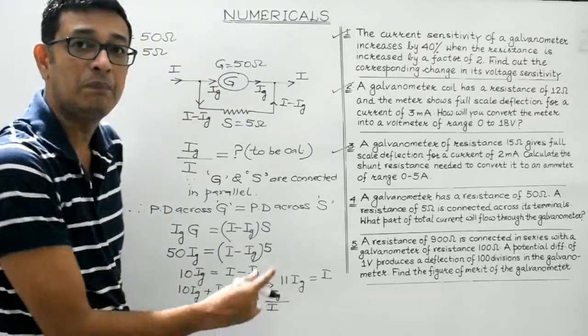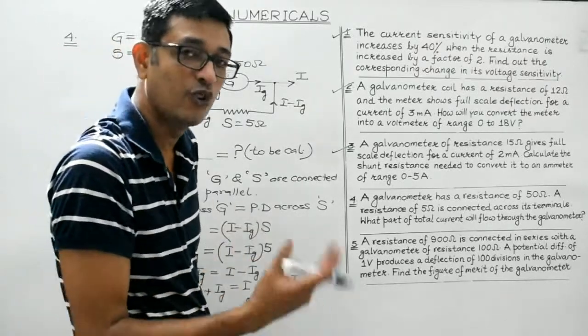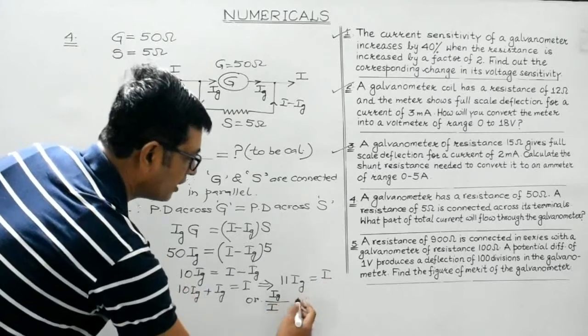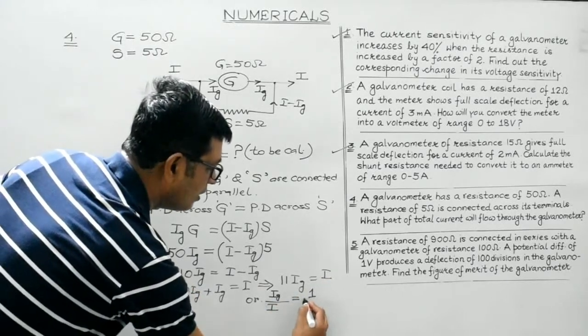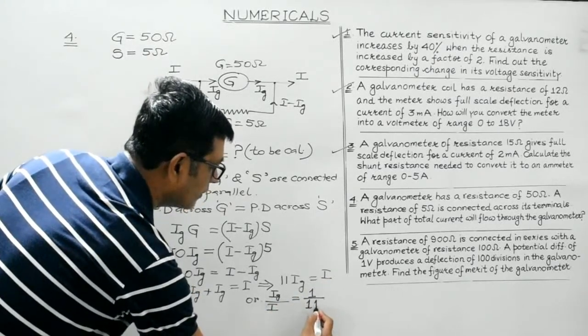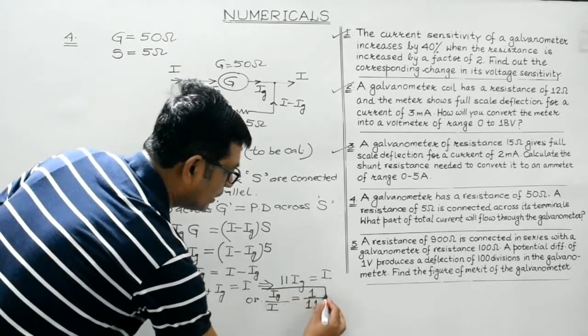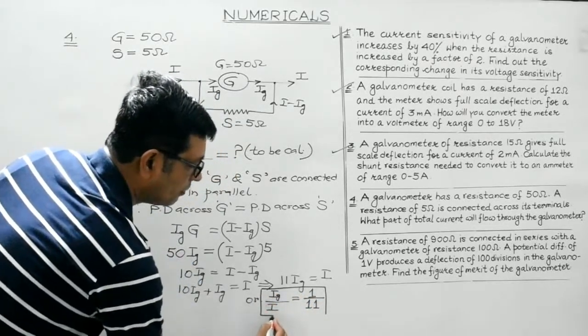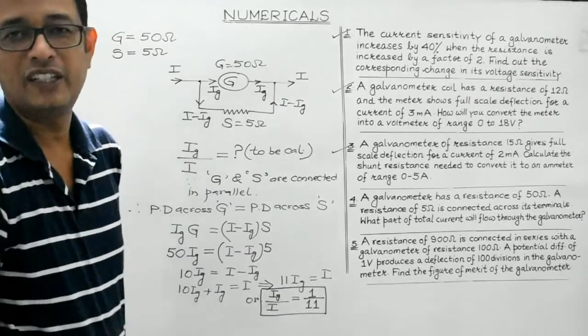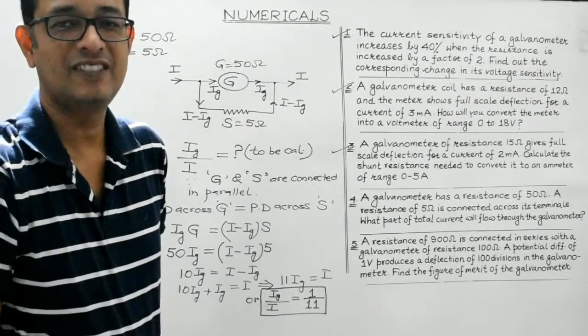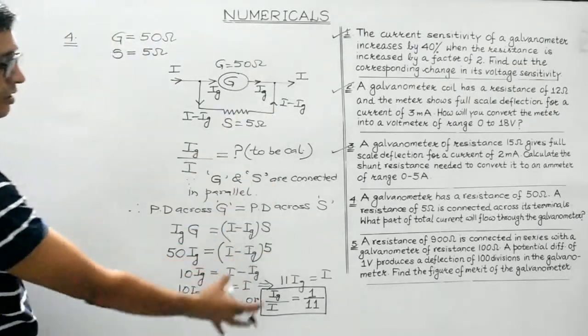So this will become the part of the total current flowing through the galvanometer. So Ig over I would be equal to 1 divided by 11. So 1 by 11th part of the total current must be flowing through the galvanometer coil. Correct, students? So this is the solution.